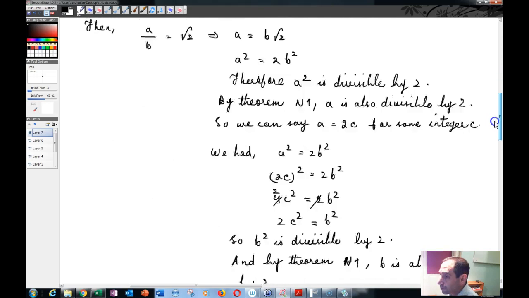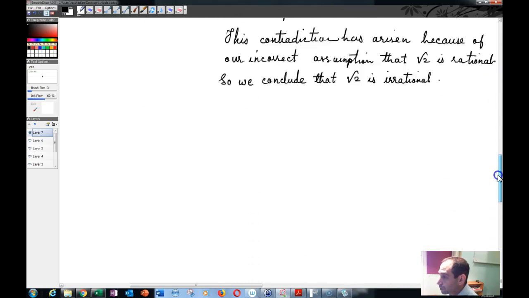So now the next thing that we can do, of course I haven't talked about this previously here, but you know that the sum or difference of a rational and an irrational number is irrational.